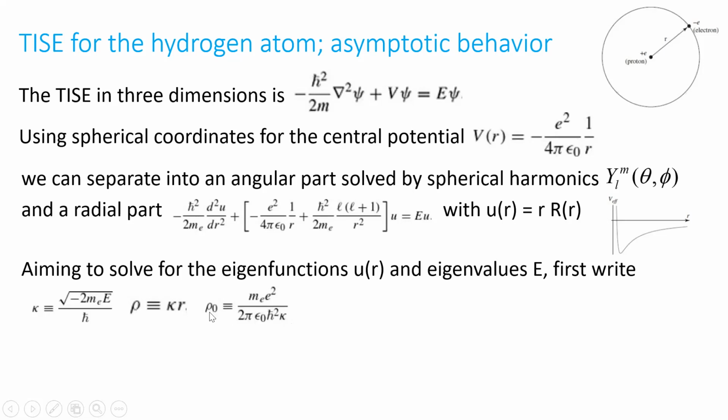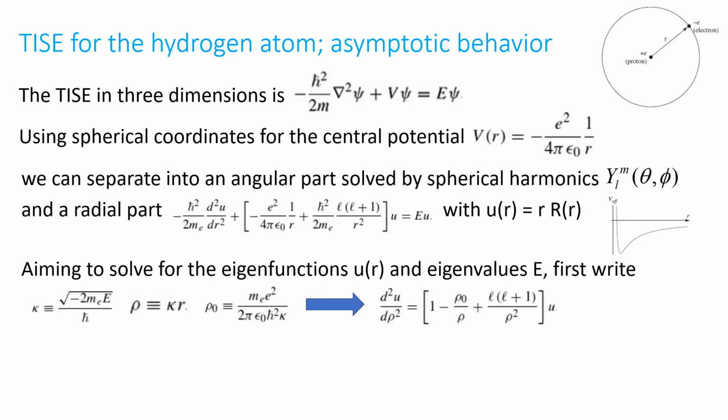So if we get a specific value of rho naught, since these are all constants, which we know, we could solve for kappa, and then with kappa, we could solve for e. So solving for allowed values, eigenvalues, of rho naught would be the same as, from that, deducing the allowed values of the energy E.